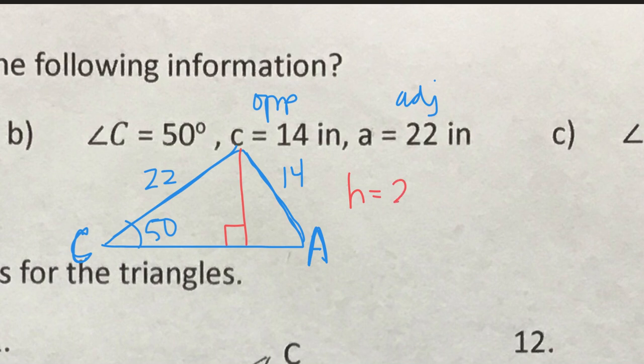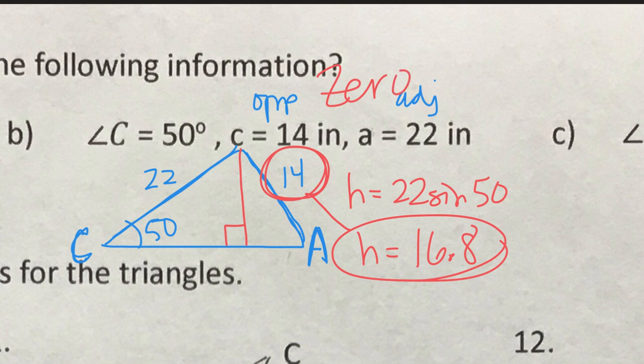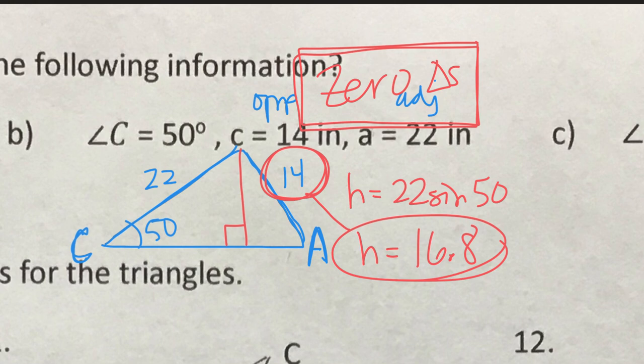So H is 22 times the sine of 50. So 22 sine 50 into the calculator, and I get a height of 16.8. So how does the height relate to the opposite side? Well, the height is greater than the opposite side, which means there are 0 triangles possible. When the height is greater than the opposite side, we can't form a triangle at all.